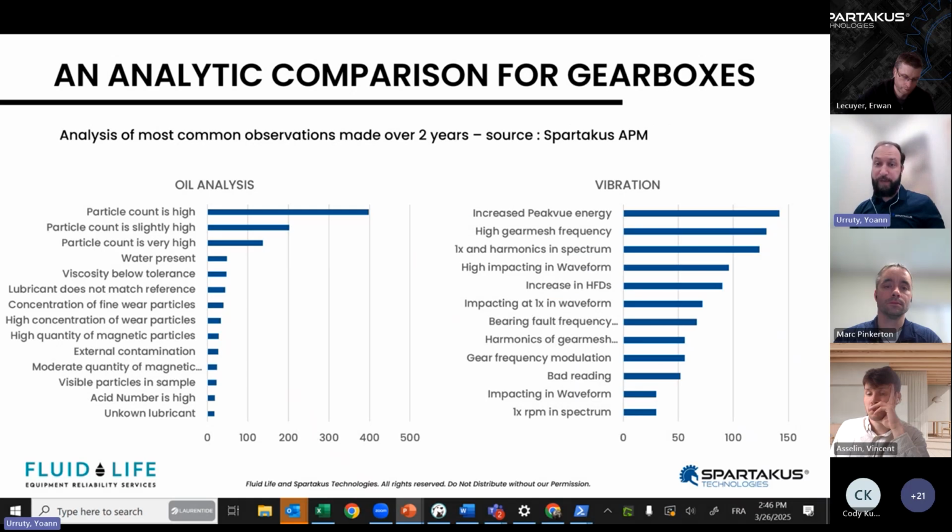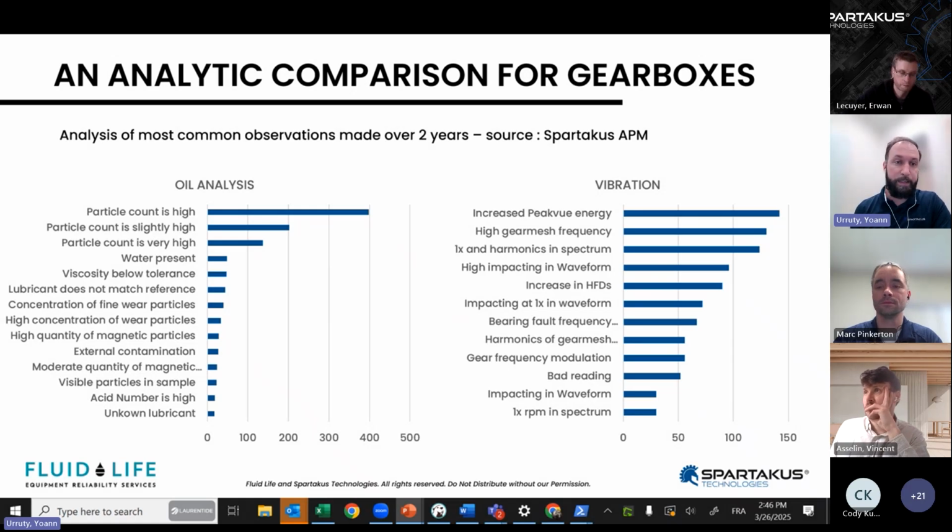Same thing for observations. Something that's important to understand is that in Spartacus, you have the failure modes and failure codes, but in the back end, you also have observations by certified analysts, right? So I did the same analysis as the previous slide.